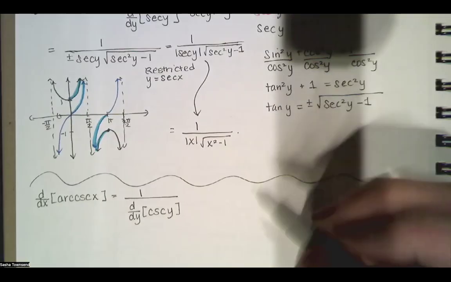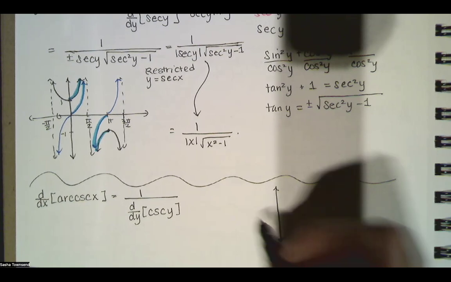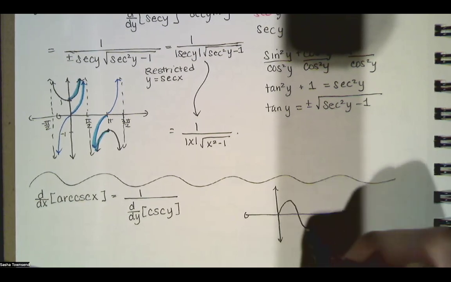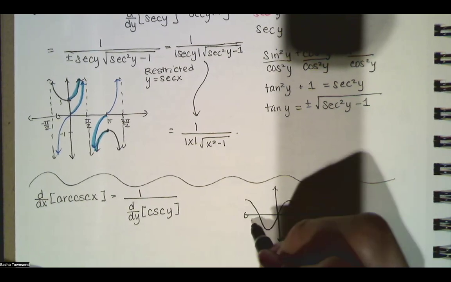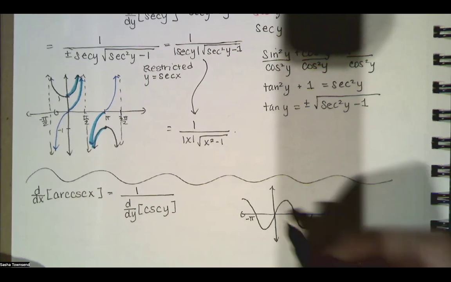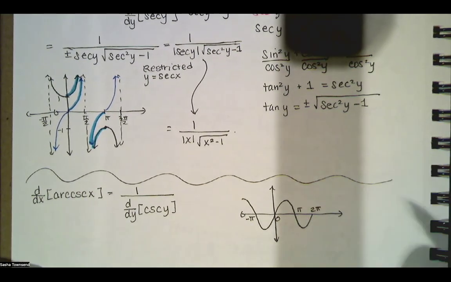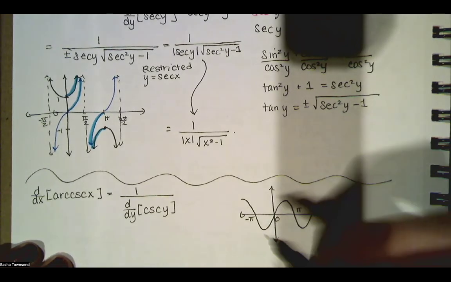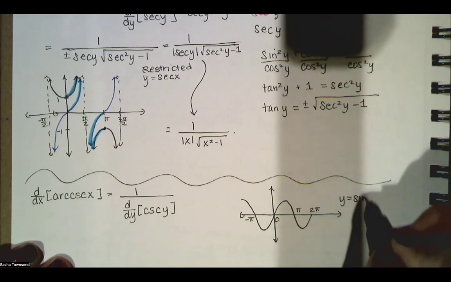Say, okay, well, what does that look like again? Well, in order to graph the cosecant function, I always look at the sine function first. So my sine looks like this, and it repeats. It's equal to 0 at negative pi, 0, pi, 2 pi, and so on. This is y equals sine of x.